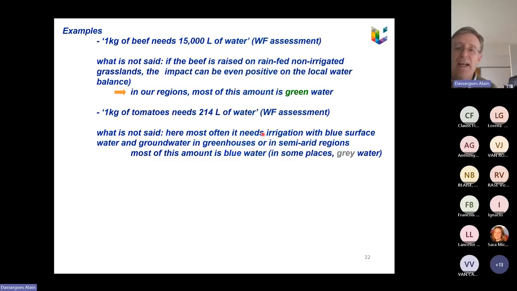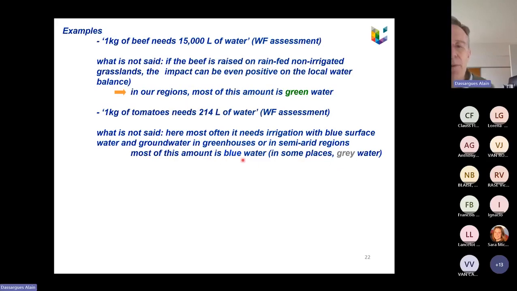And greenhouses, of course, are pumping a lot of water from the rivers and groundwater in order to make those tomatoes ready in a good timing. So most of this amount is blue water. So I think personally that it is more serious for tomatoes than for beef in our country.